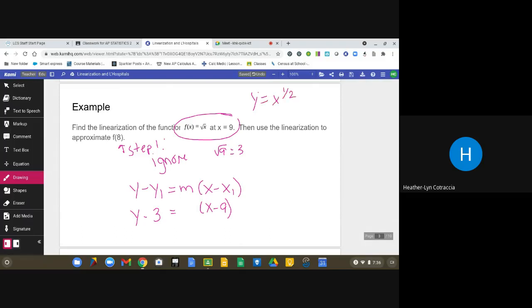You guys learned that many times throughout your high school career that the square root of x is the same as x to the 1/2. So therefore y prime, bring the exponent down, so 1/2 x to the negative 1/2 power. And I got that by using my power rule there. Okay, so now I want to do y prime at 9, which is 1/2 times 9 to the negative 1/2.